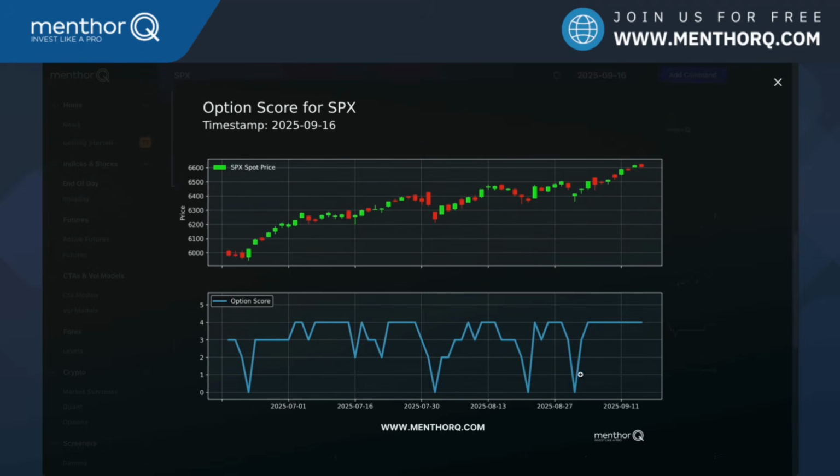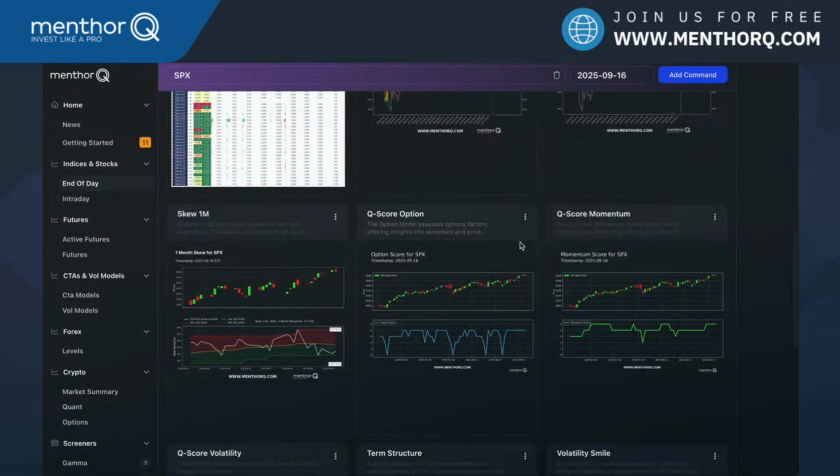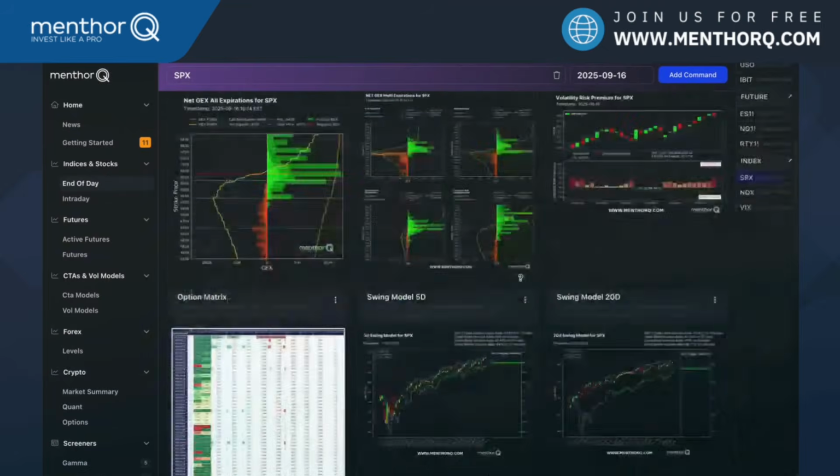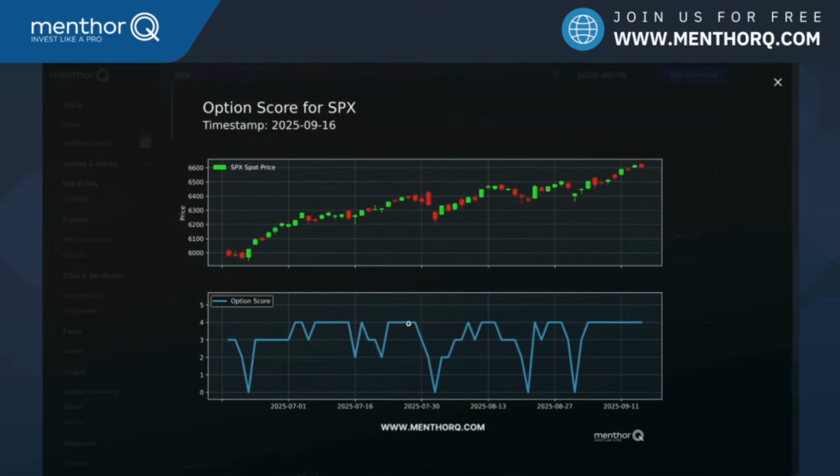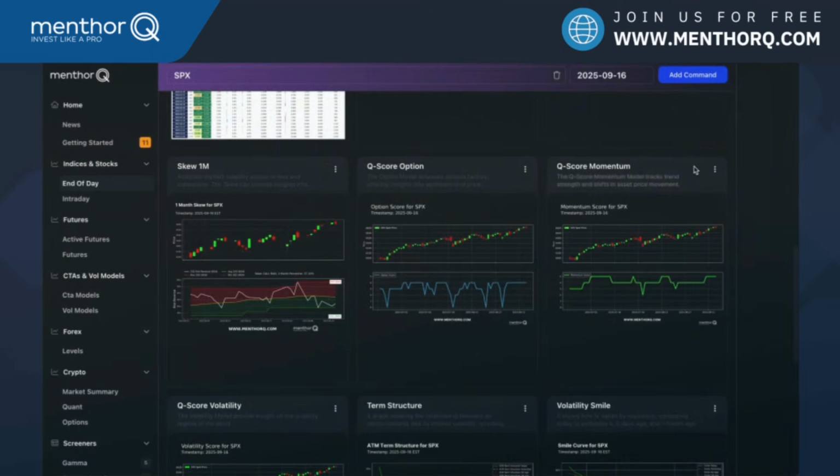We moved from a 0 score, very bearish, to a 4, and this is the recent rally that we've seen. So understand not only the value of the score, not just the number, but also look at what happened historically. What happened when the Q score went from 4 to 0 on SPX? You can understand why that is important.